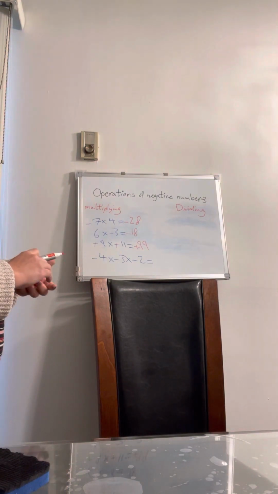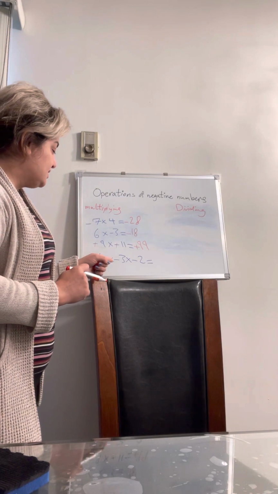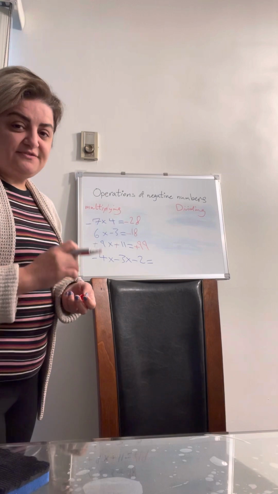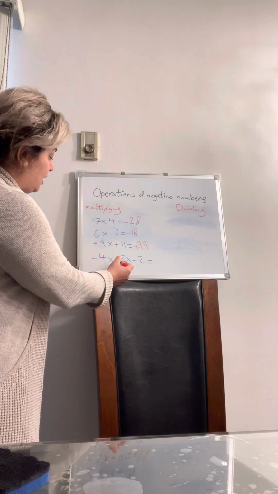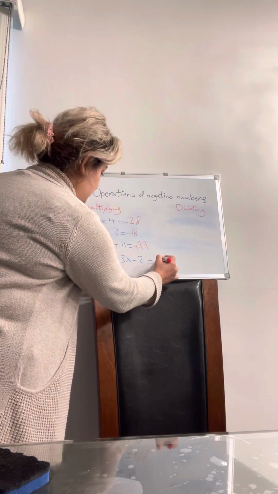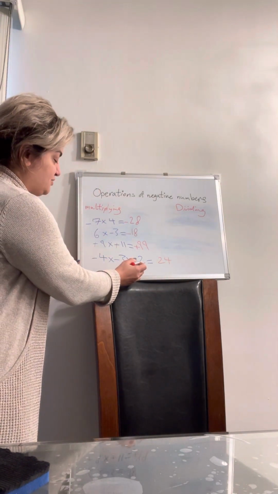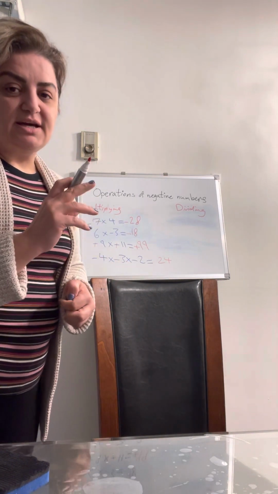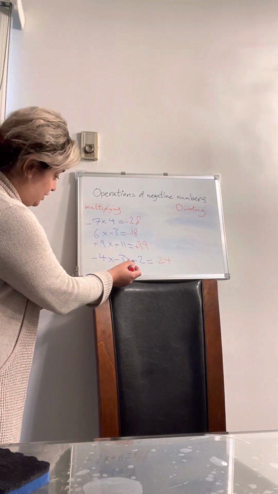For the fourth example, negative 4 times negative 3 times negative 2. First we multiply. 4 times 3 is 12. 12 times 2 is 24. And we look at how many negatives we have in the example. 1, 2, 3.